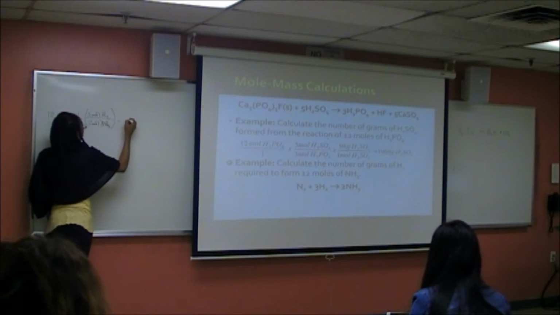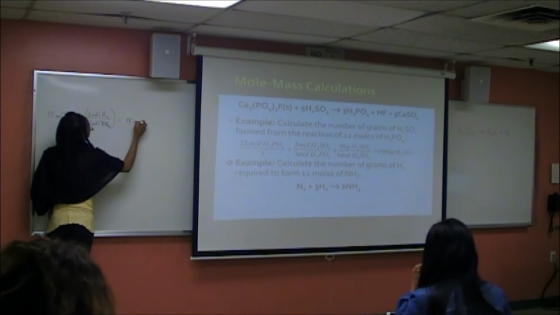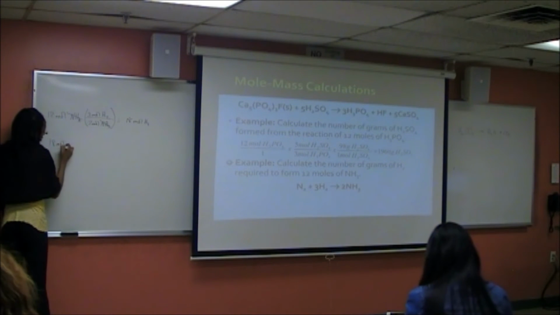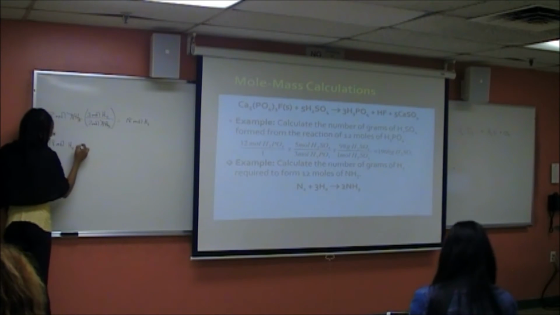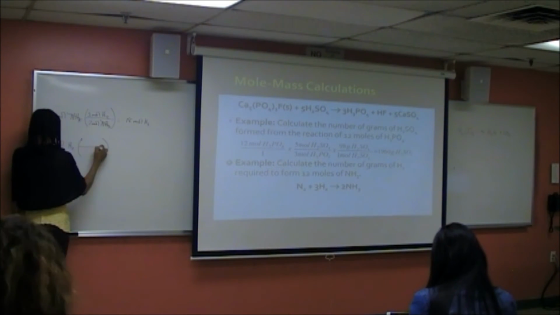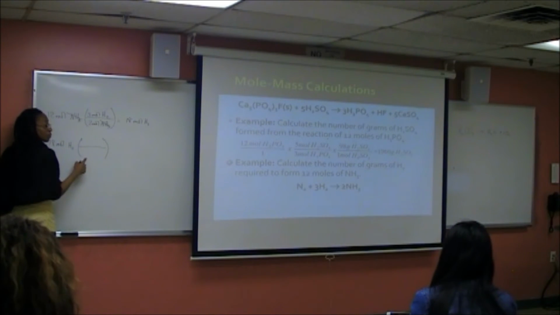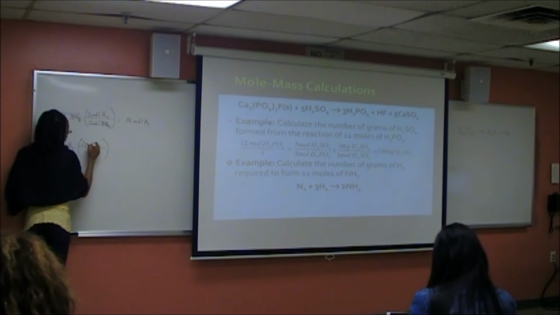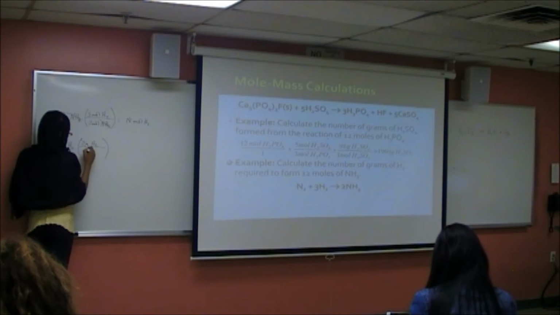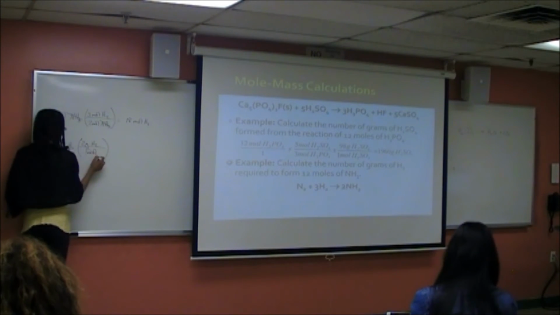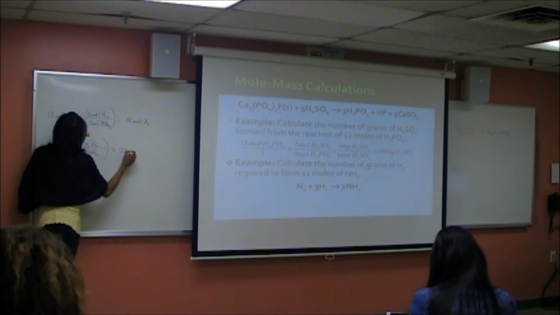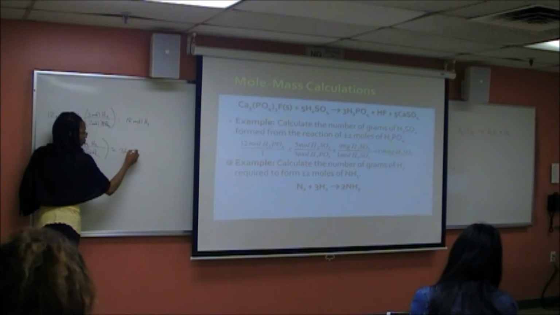What do we get? Take your 18 moles of hydrogen gas to grams. On top, 2 grams of hydrogen gas, and 1 mole. Cancel that, multiply across, divide by the bottom. You get 36 grams of hydrogen gas.